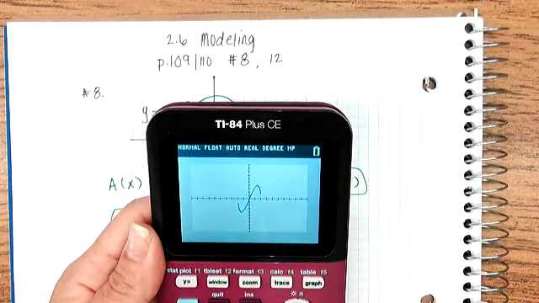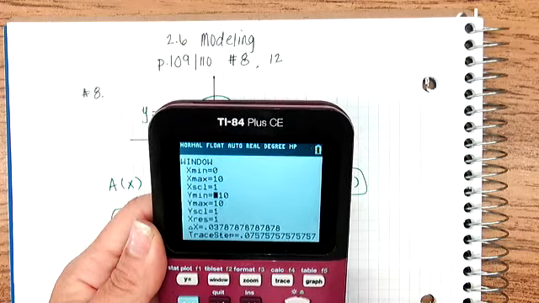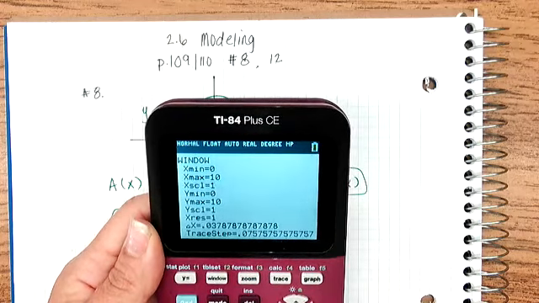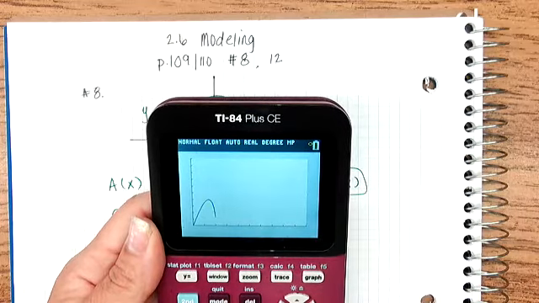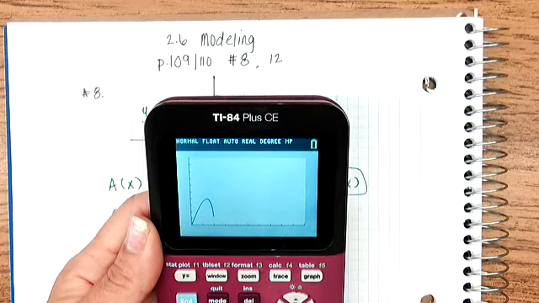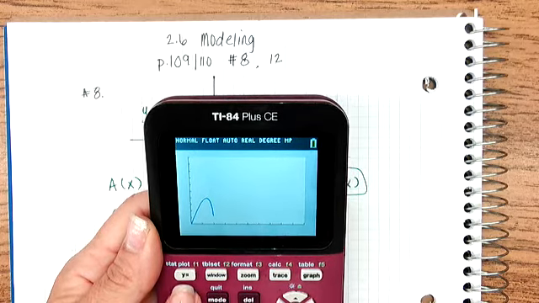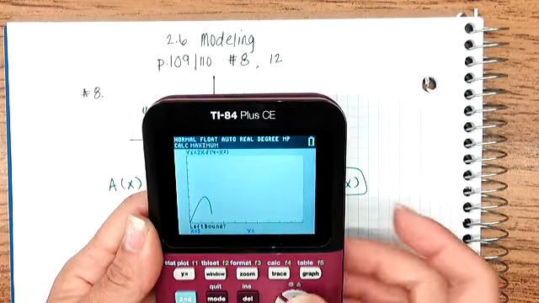Talking about area, lengths of sides, it can't be negative. So I'm going to change my window to go from 0 to 10 and 0 to 10. Makes no sense to have any negatives in these problems. It asks you to find what value of x maximizes the area. Second trace, 4 for maximum.